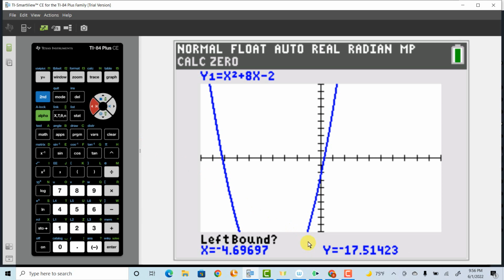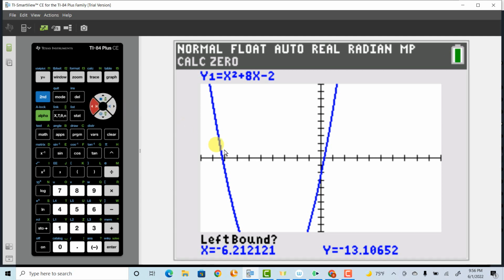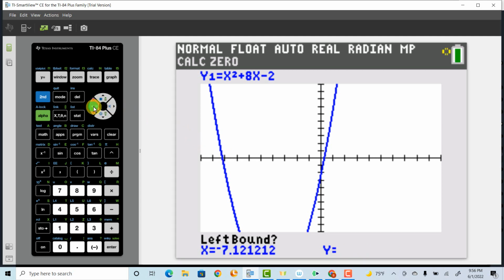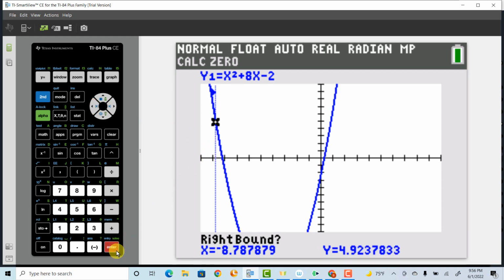Oh, now it's starting to come back up again, right? So that means it went all the way down here and turned around and it's coming back up. So I'm just going to keep pressing my left arrow because I need to get to the left of this point right here. So there you go. There's my guy. Okay, keep on moving. Now we're to the left of this point. So we'll press enter.